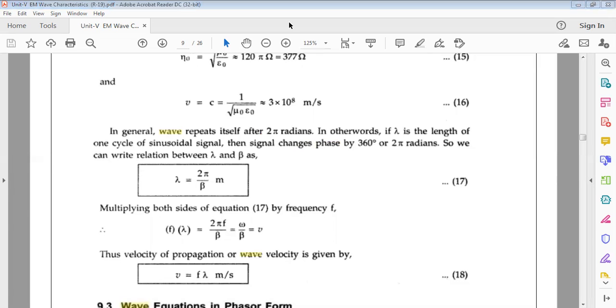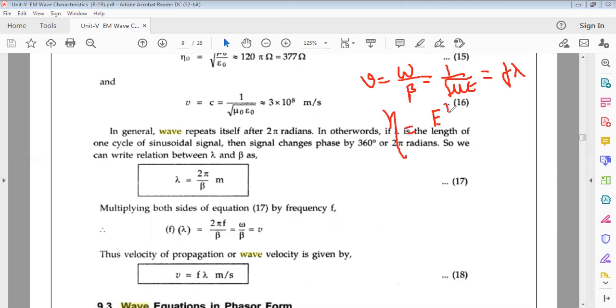Okay. So in this uniform plane wave, we derived the velocity is equal to omega by beta. That velocity is equal to 1 by under root of mu epsilon, and the same velocity is equal to F lambda. And another one is eta.